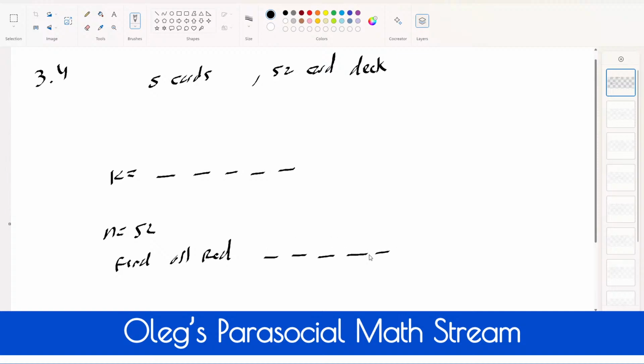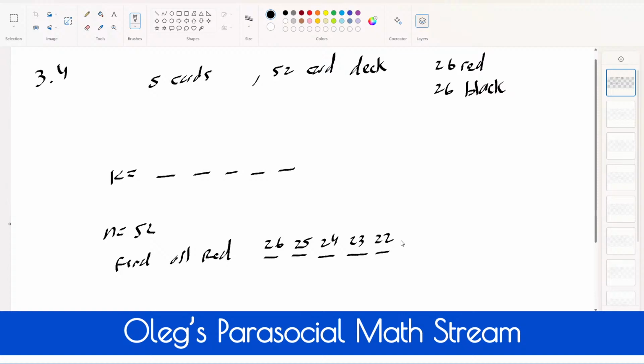Then we have 26 red, 26 black. Now remember, when we're doing cards, it's assumed that it's non-repetitive because we pull them out of the deck. 26, 25, 24, 23, 22.